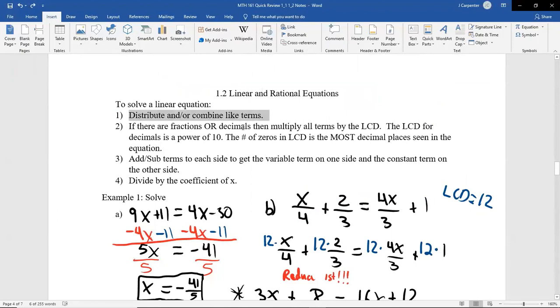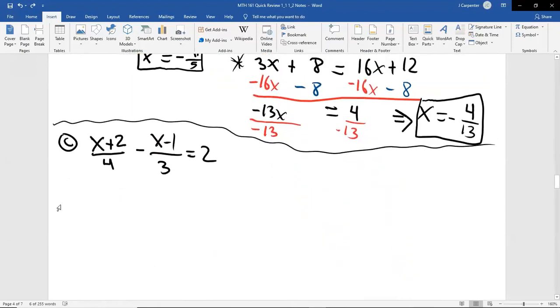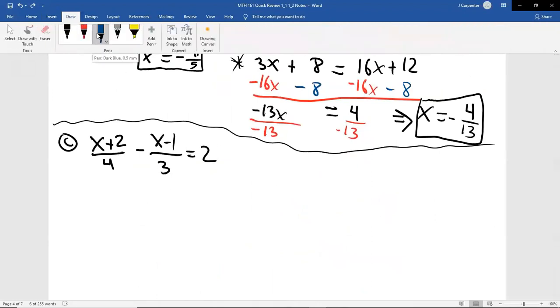So step 2, if there's fractions, multiply all terms by the LCD. So we got a denominator of 4, we got a denominator of 3, which means our LCD is 12. Remember, if you're rusty with finding your LCDs, you've got to practice being able to do that. So we're going to take each of these bits and multiply them by 12. Now, I'm not multiplying the 12s in the bottom. With fractions, the 12 goes in the top. And there's one fraction here, there's a second fraction here, and then a whole number.